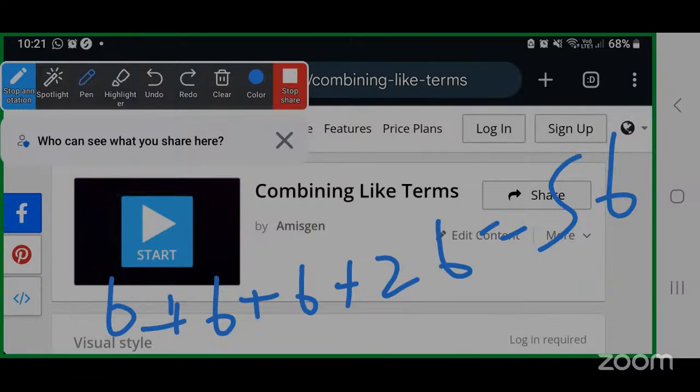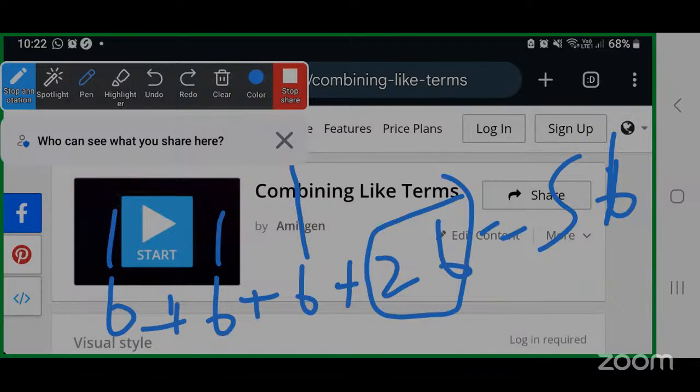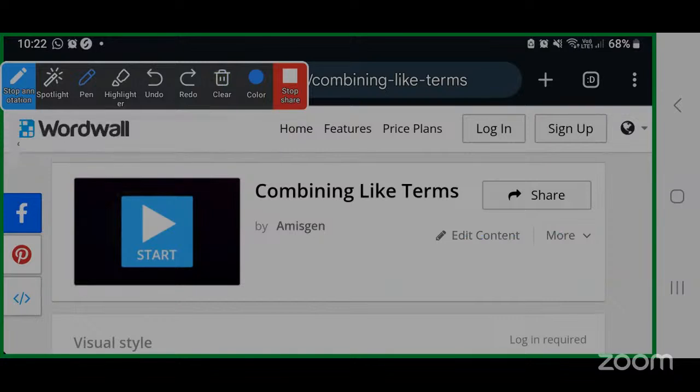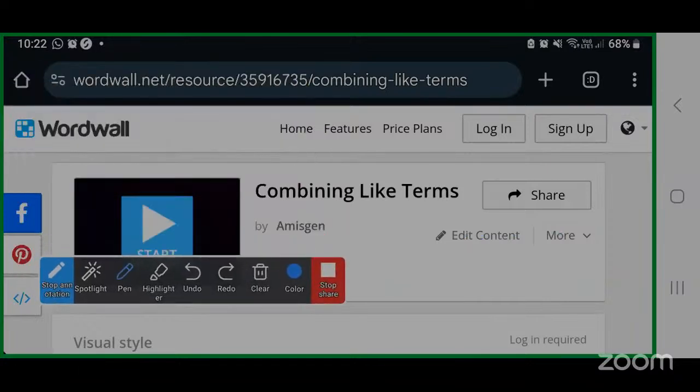It's meant to be a b, not a 6-looking thing. Because this is 1, 2, 3, and this is already grouped as 2 of what b is. So I've got 2b plus 1, 2, 3, 2 plus 3, 5. So I've got 5 amounts of b. And this is collecting like terms. Okay, I'm going to clear this screen here, remove this box out of the way.